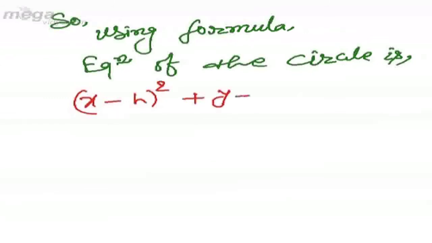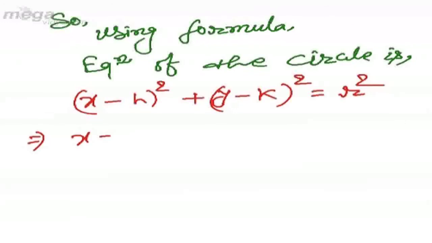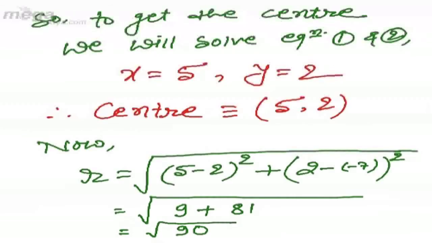So using the formula, the equation of the circle is (x minus h) whole square plus (y minus k) whole square is equal to r square. Because it's the center, instead of h we will put 5, instead of k we'll put 2.